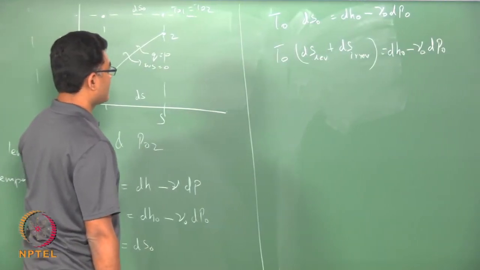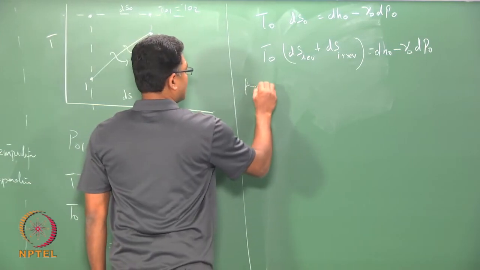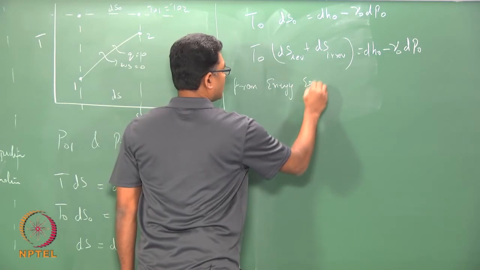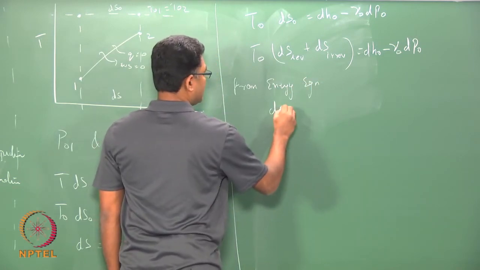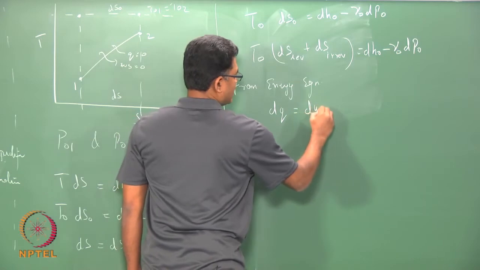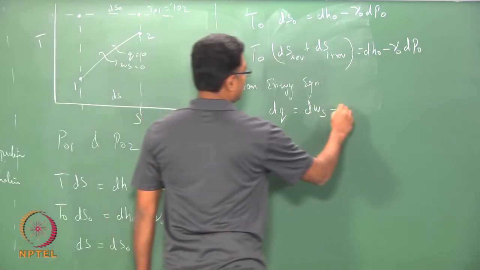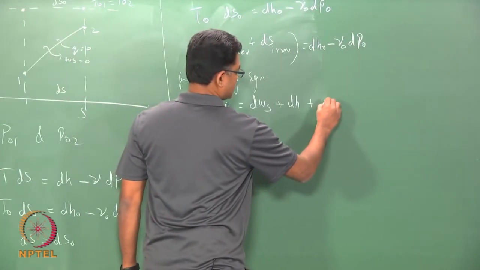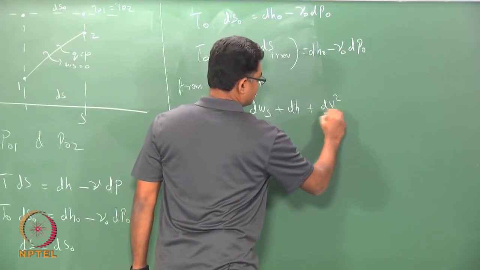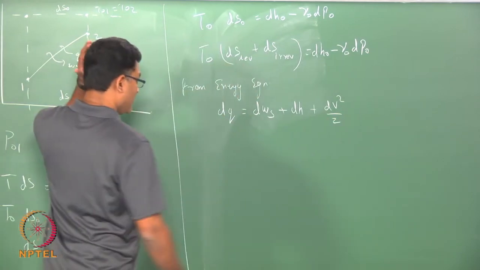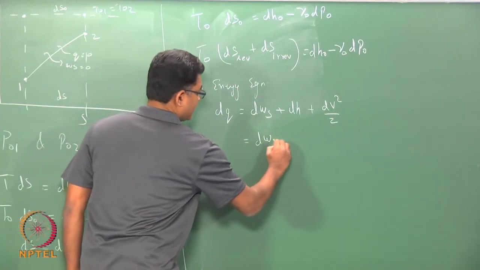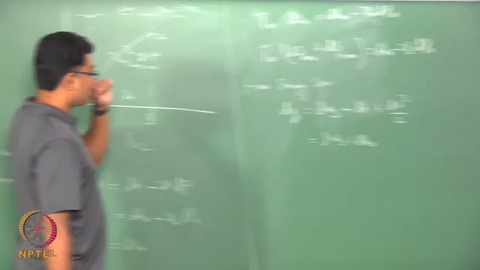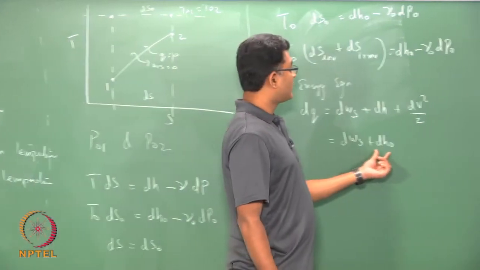From my energy equation, I have dq equals dws plus dh plus d(V square by 2). Or I can write this as dws plus dh0. Now I substitute this quantity here.